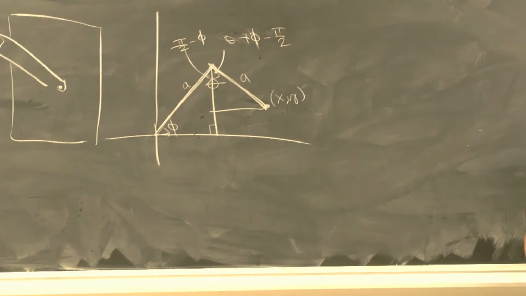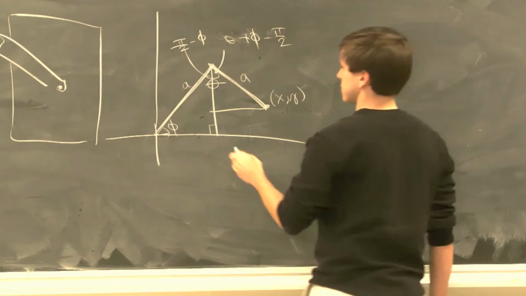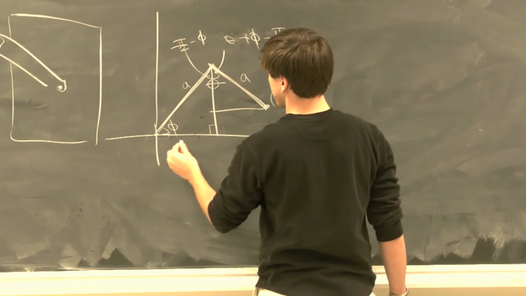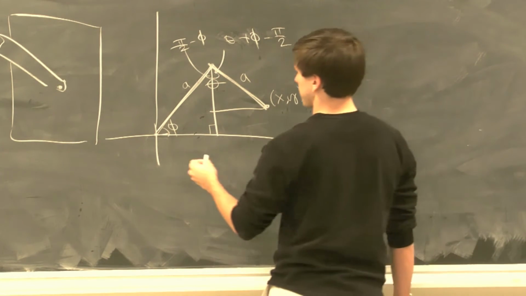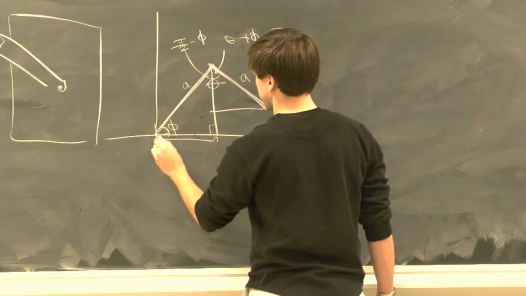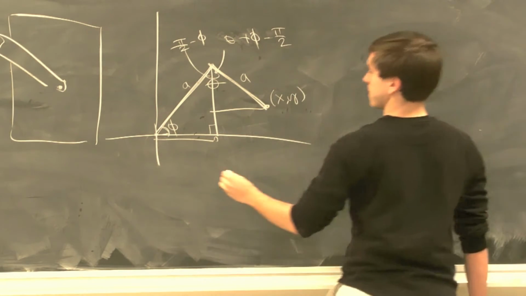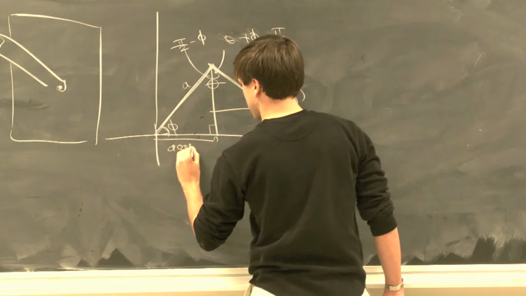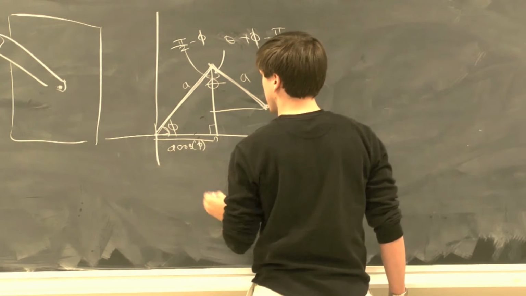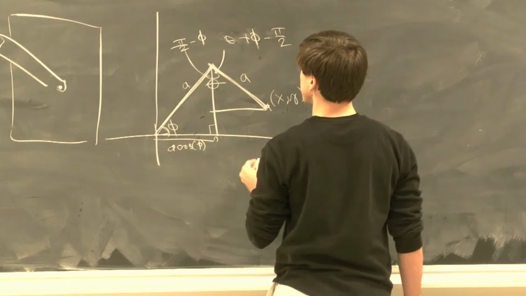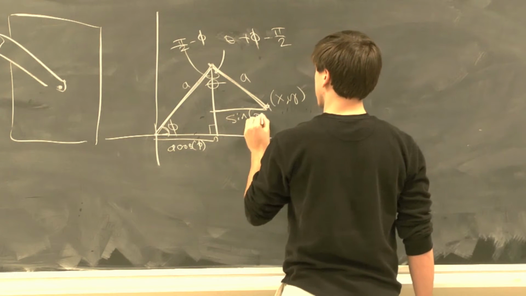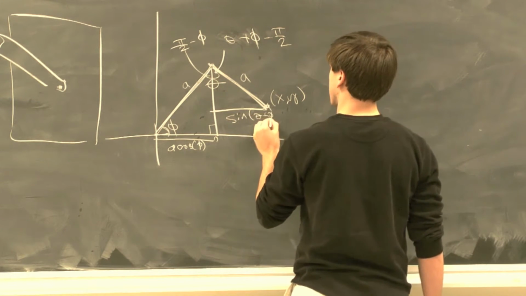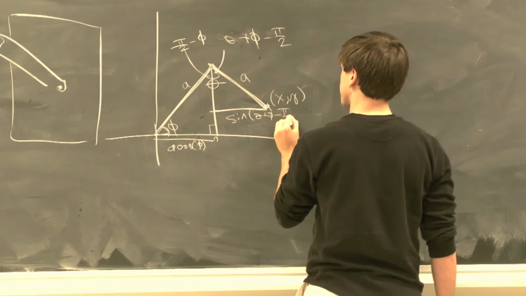So if we want to say we're given these angles, then we can split this up into some trigonometry. So this length is A times cosine of phi, and then this length is sine of theta plus phi minus pi halves.